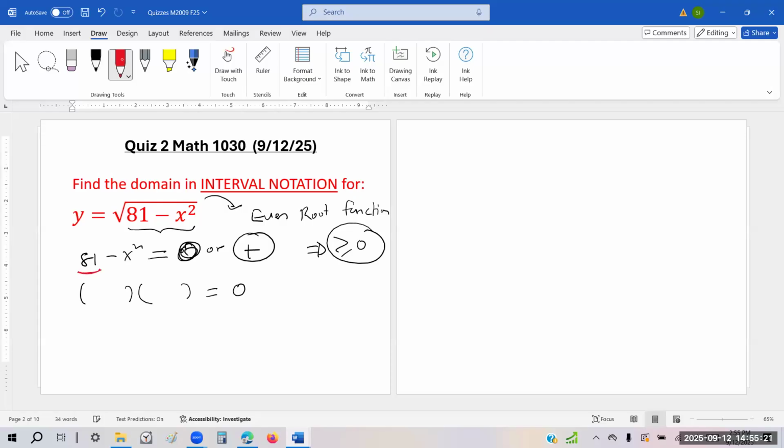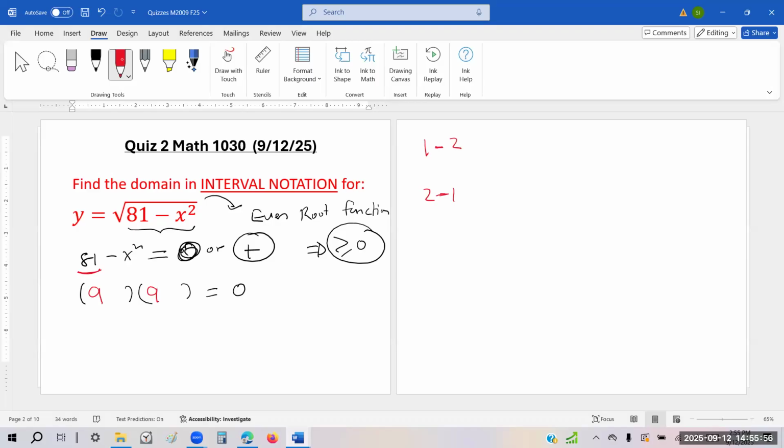Whatever you have at the beginning has to go in the front. 2 and negative 2 are not the same. So if you have 1 minus 2, you cannot say I have 2 minus 1. The order in the negative does matter. If it was 81 plus x squared, you could say x squared plus 81, because in addition, the order doesn't matter. But subtraction is very dangerous. The order does matter.